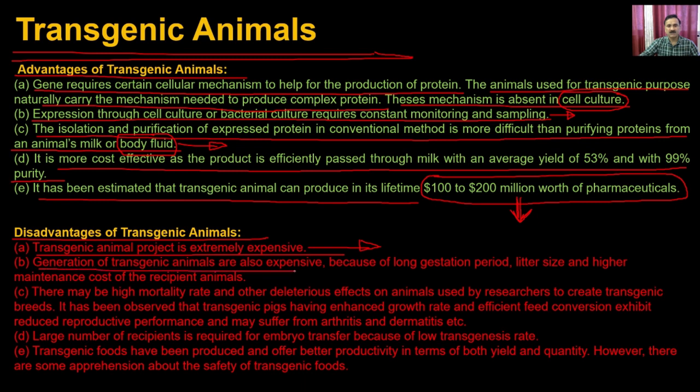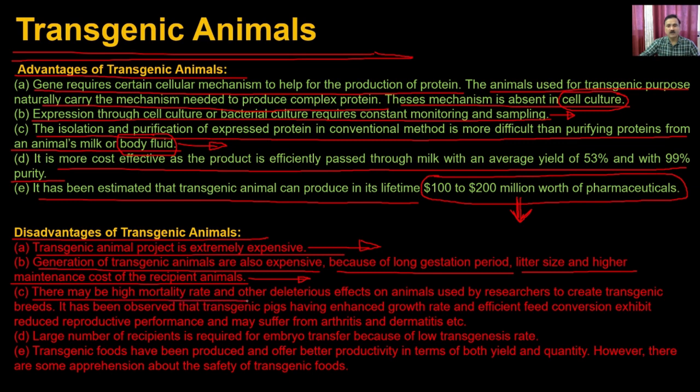Generation of transgenic animals is also very expensive because of the long gestation periods, litter size, and the higher maintenance cost of the recipient animal. So there is a cost factor associated with the transgenic animal project, and that is very high compared to the cell culture as well as the bacterial system.